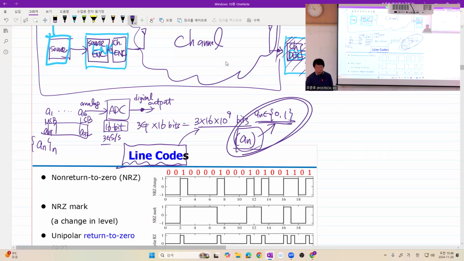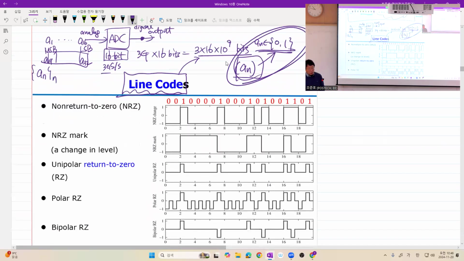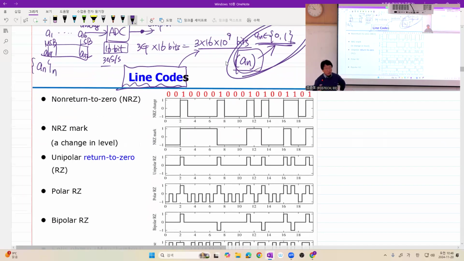And different line code encoders generate different waveforms. So this axis is time t, got it? This is the time axis. If you have a non-return-to-zero line code, this 0, 0, 1, 0 sequence is converted to this analog signal.